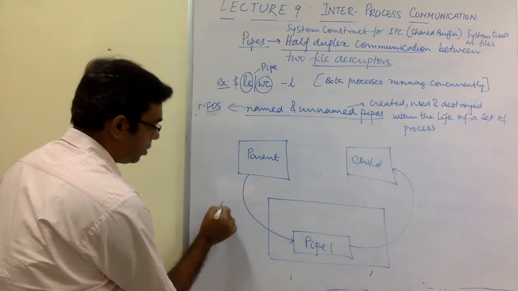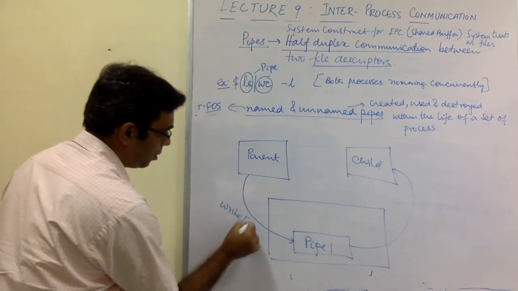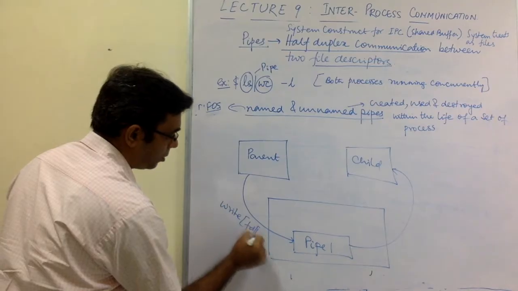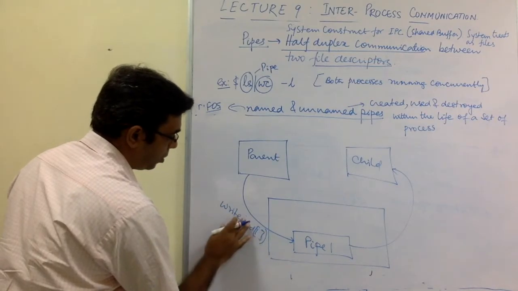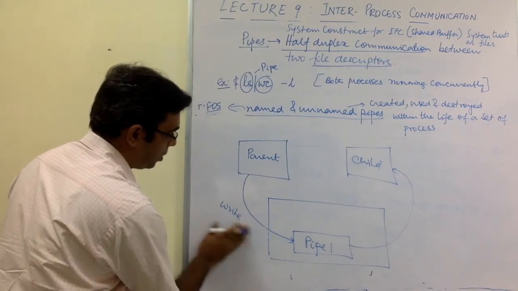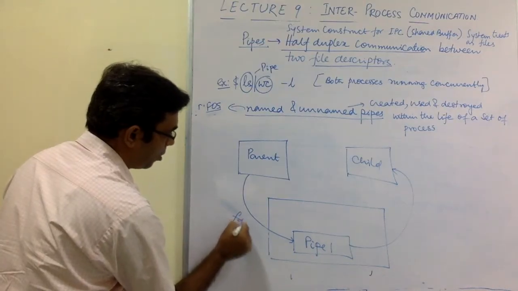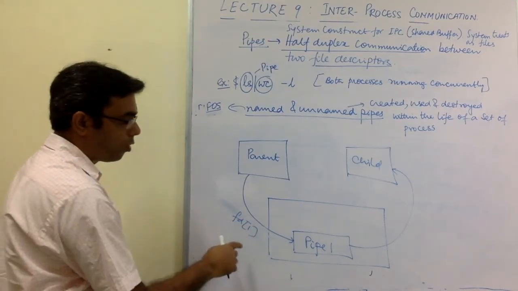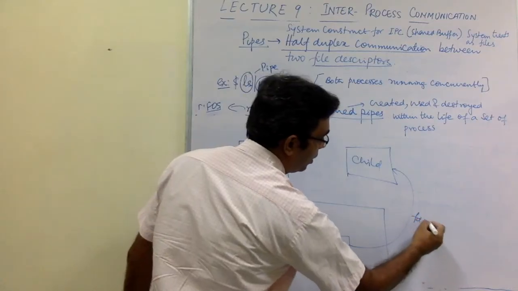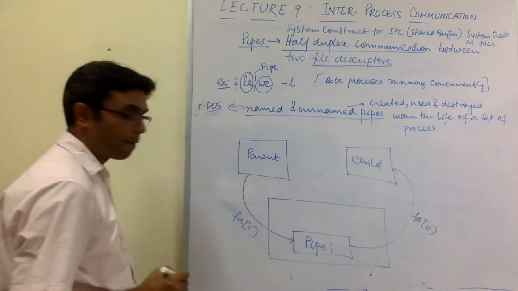So this is write of FD1. So you can have your write FD1 of this and FD0 of this.